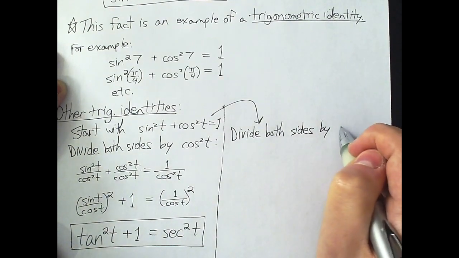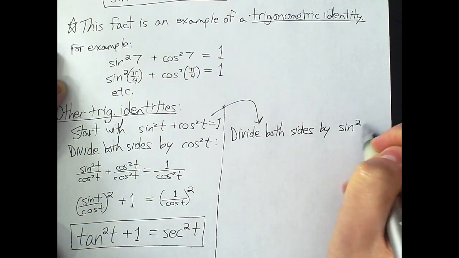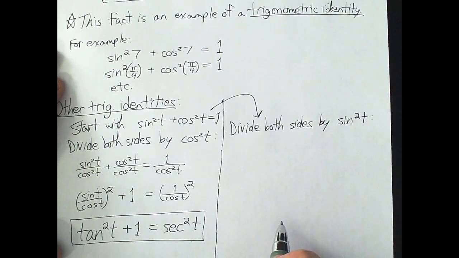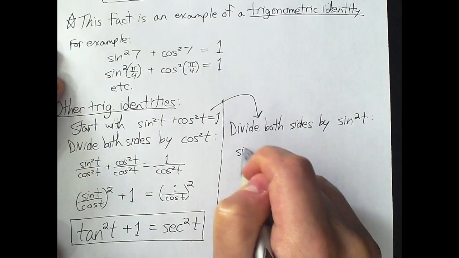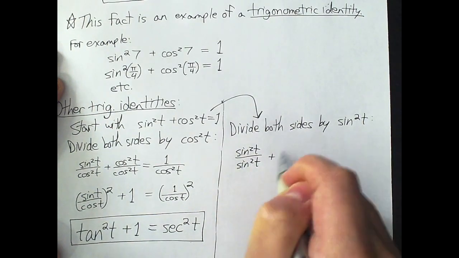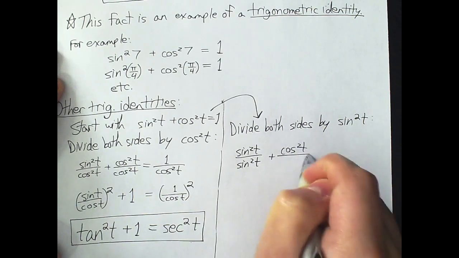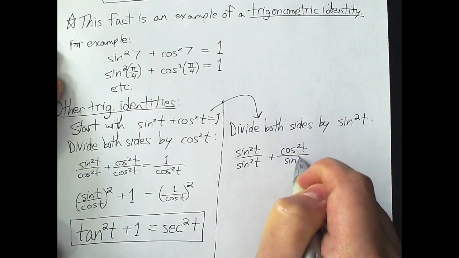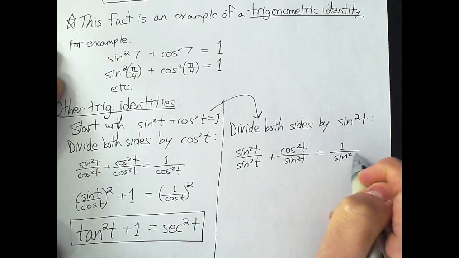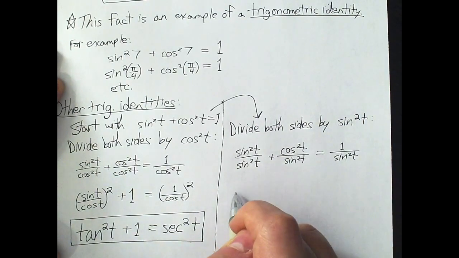What happens if you divide both sides by sine squared t? Let's see what happens if you do that. So you get sine squared t over sine squared t plus cosine squared t over sine squared t. This is going to wind up getting us a different trig identity after we simplify it.